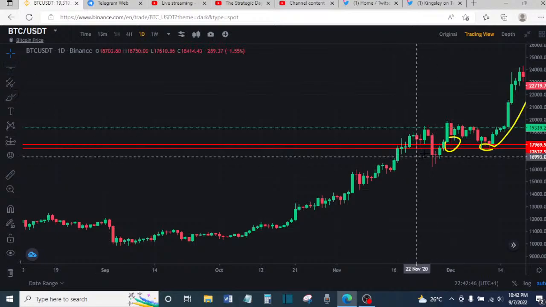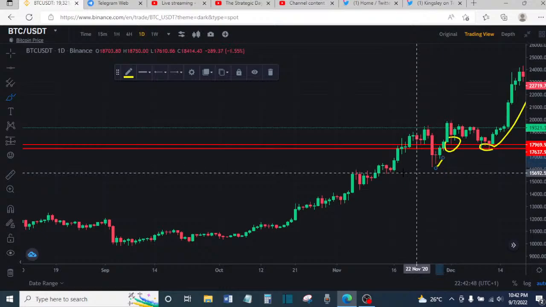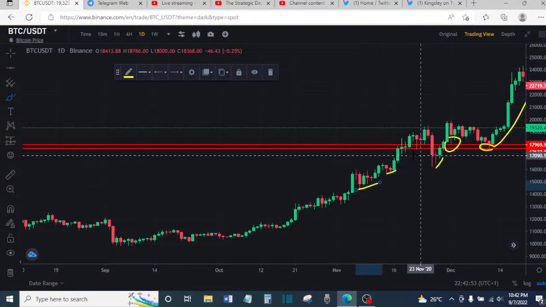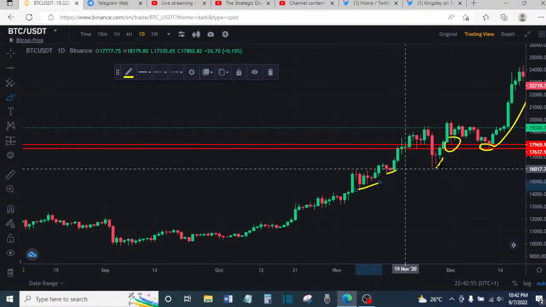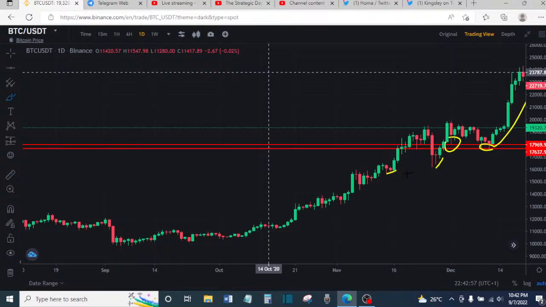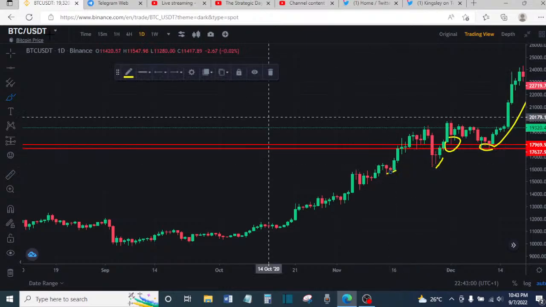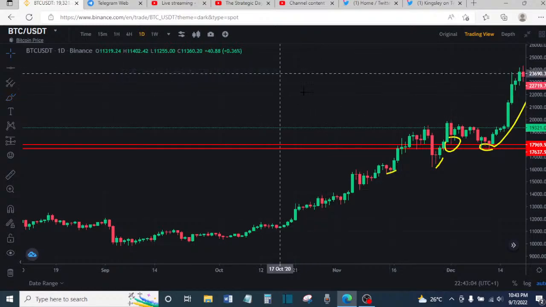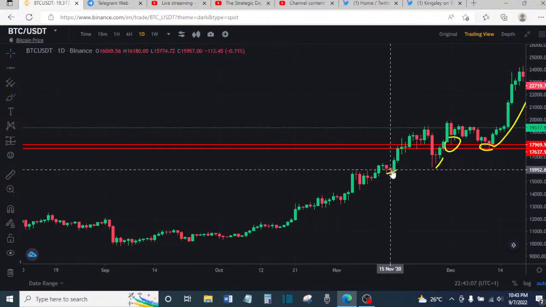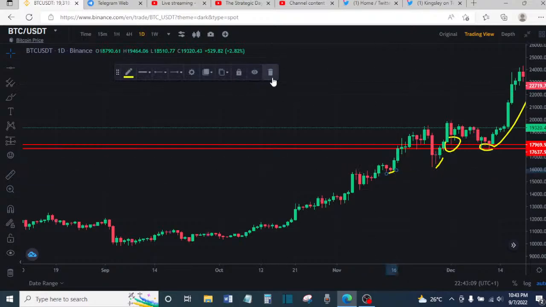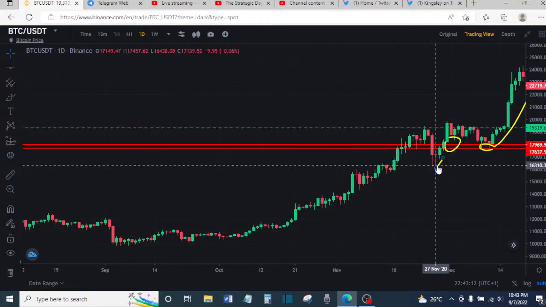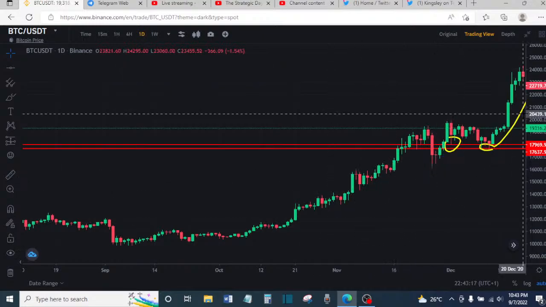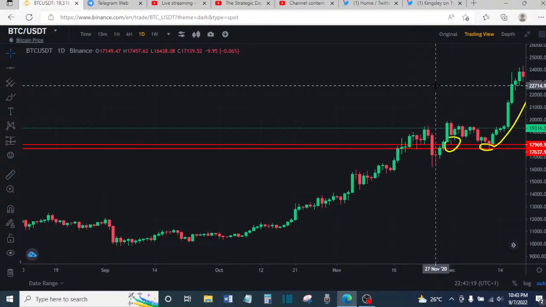But for now we're going to ignore all these areas, just for now, until structures are created for those areas to be taken out. We could also have a sweep down straight to take out all these stops, then we'll find our way back up.